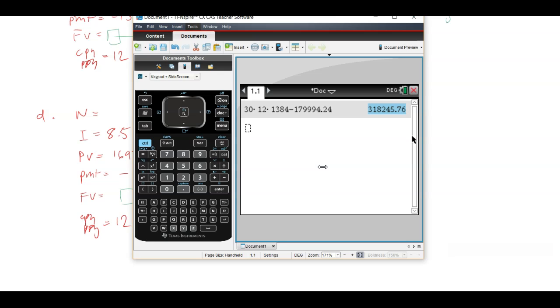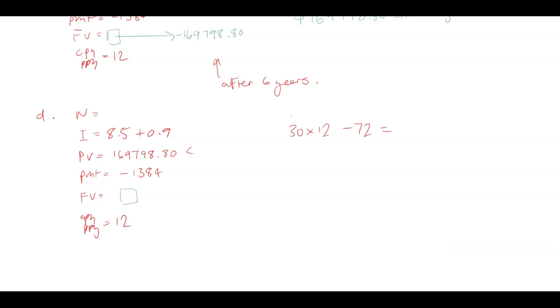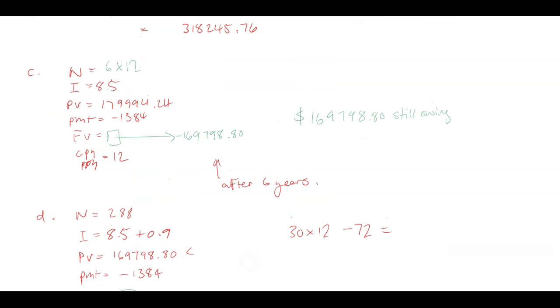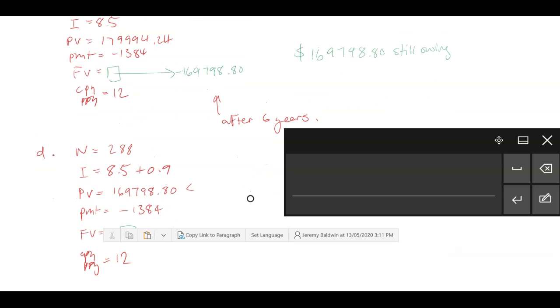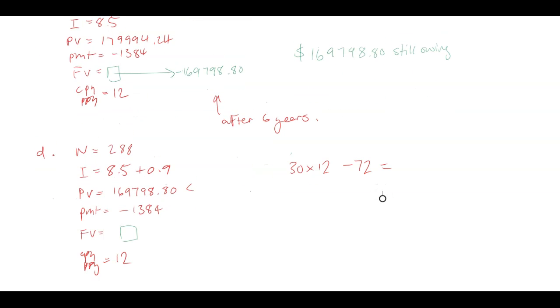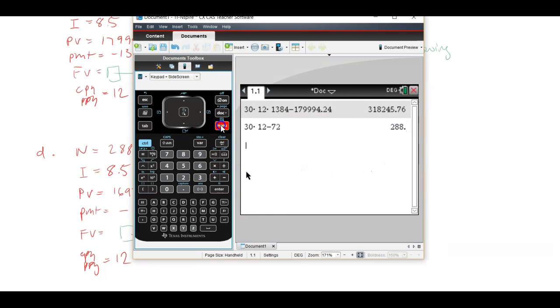So if we go 30 times 12 and take away 72, that's how many payments are left, 288 payments, to make it to 30 years total, because we had 72 up here, and we had 288 left. So that will tell us how much is left owing now. Okay, so it pays to read the question correctly. You can rush these things sometimes.